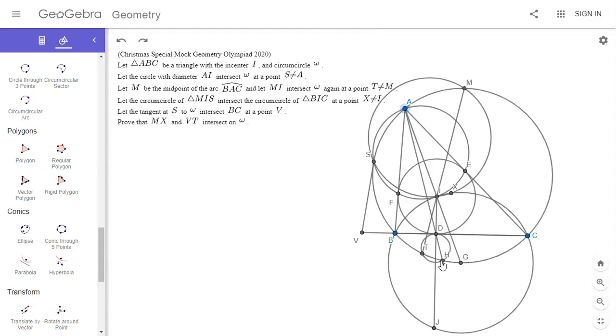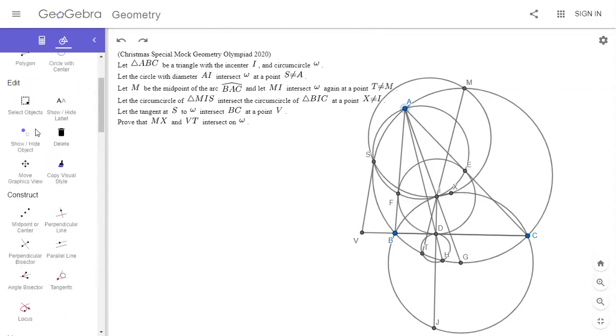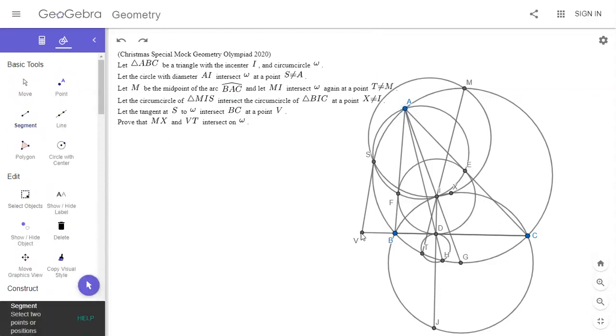I might just assume that for now, because then that would mean the three radical axes would be concurrent, which means that the centers of the circles are collinear with point D. Like we should just prove that this segment.